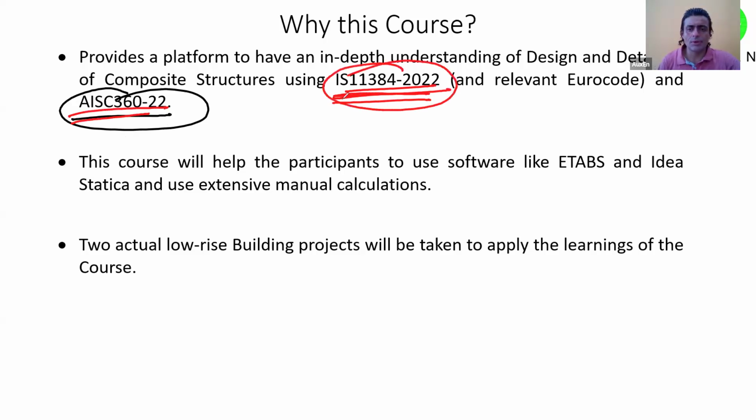And in the process of doing the Indian code, we are anyway covering the Eurocode also, because the Indian code is largely taken from the Eurocode clause by clause, word by word. So in this way, I think this course will give you a comprehensive, in-depth understanding of all the different country codes, and you will be able to use different country codes for your composite design.